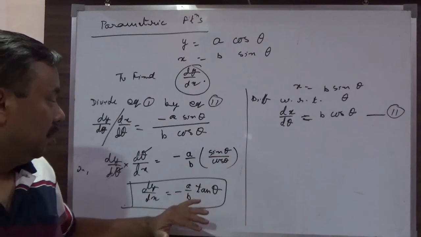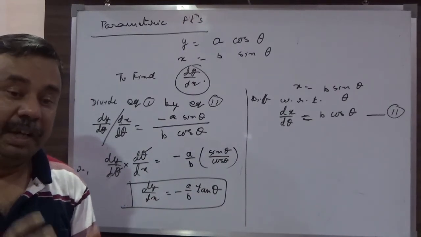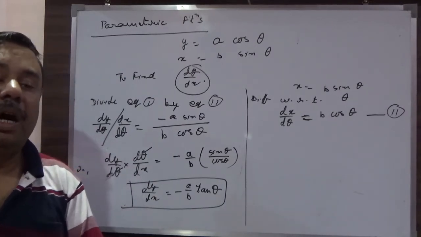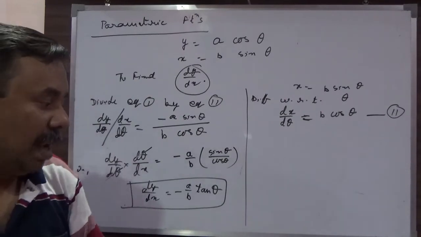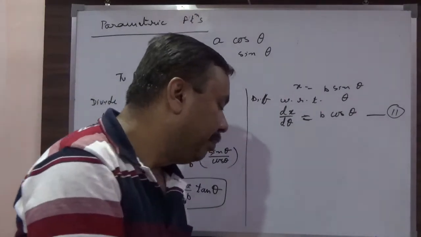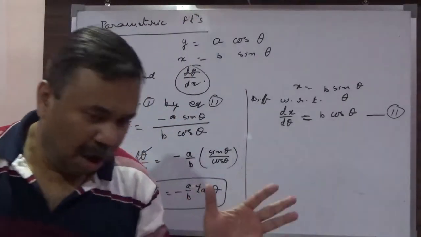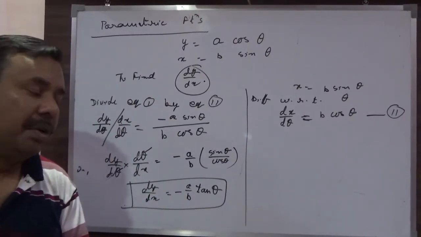Okay, so this is how to differentiate when x and y are given in terms of a third parameter. These types of functions are called parametric functions. So I think this is all on how to differentiate different kinds of functions.